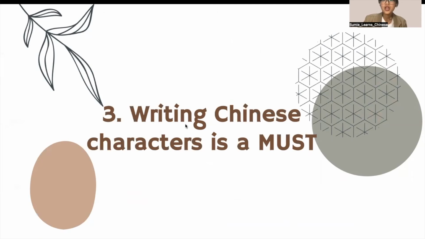Thirdly, the third difference is that writing Chinese characters is a must. In the past, we didn't need to write too many Chinese characters if we only attained the lower level of HSK. But now it's different. You have to know how to write Chinese characters within the minimum time limit.